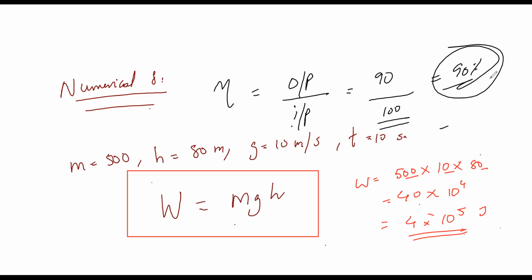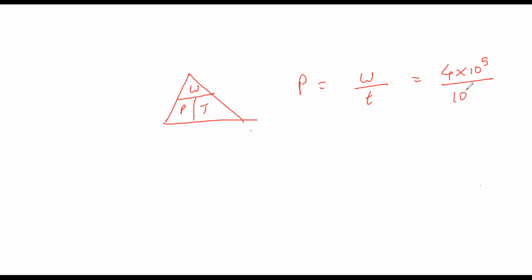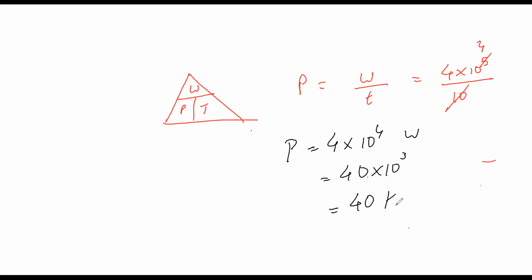Yeah, it is 4 into 10 power 5, by time is 10 seconds. Cancel this 10 power 4. So I'm getting 4 into 10 power 4. So power P is equal to 4 into 10 power 4, or else I can write 40 into 10 cube. These are all watts. 10 cube is nothing but kilo, 40 kilowatts I can get as power.